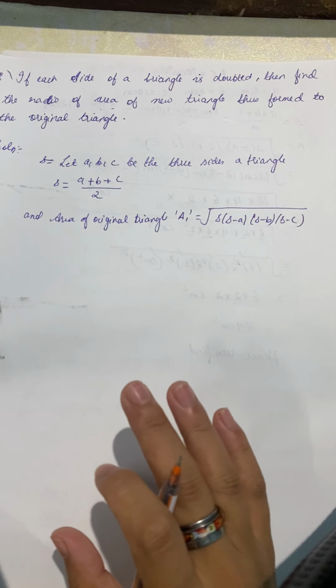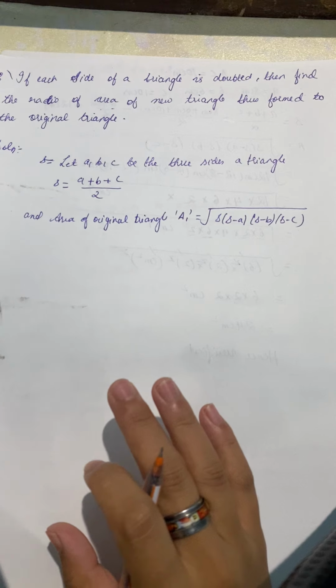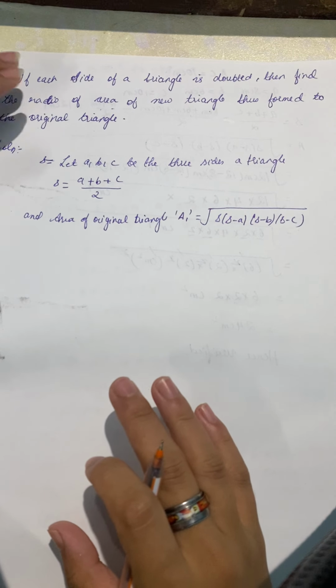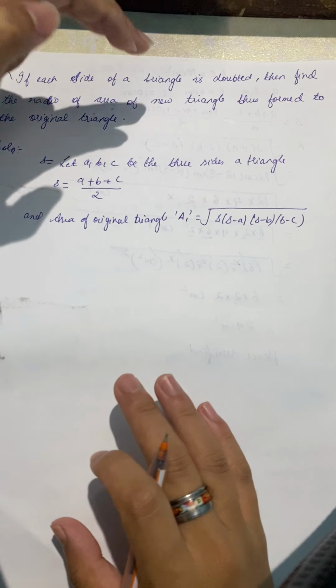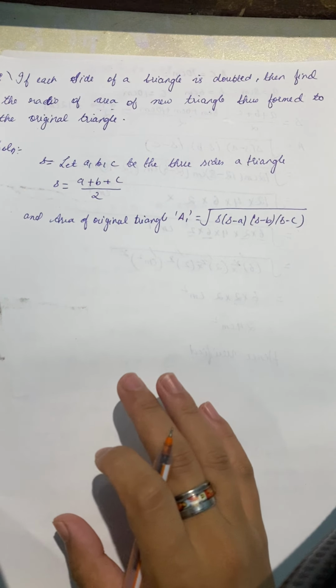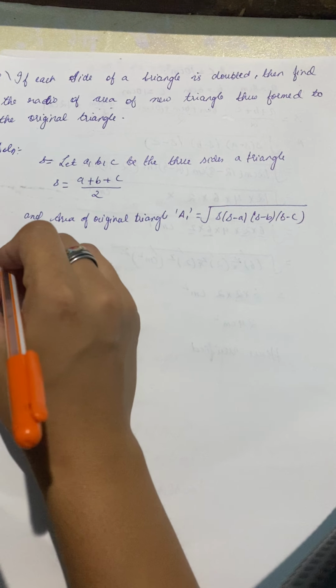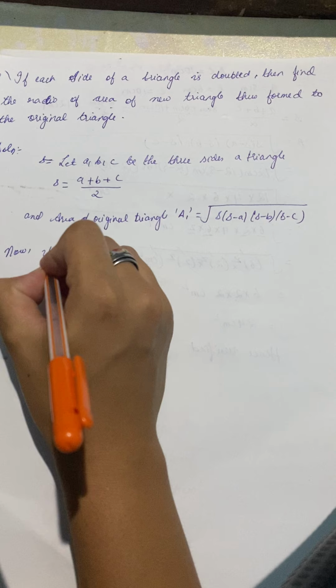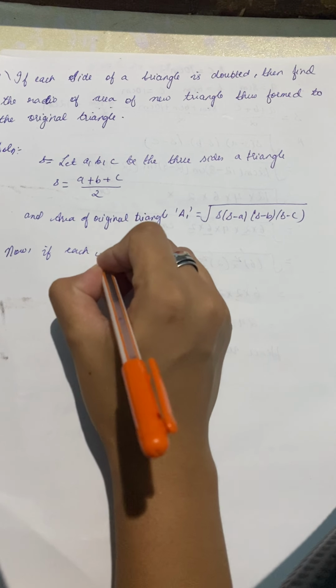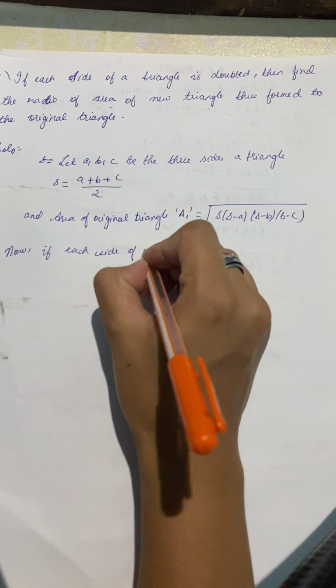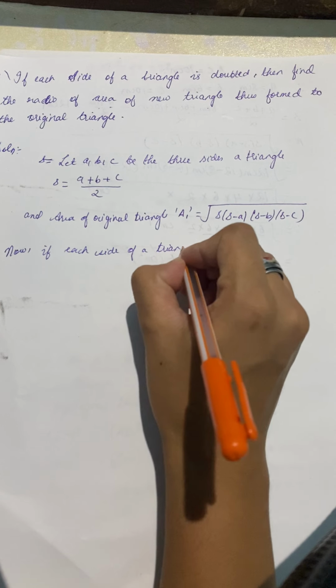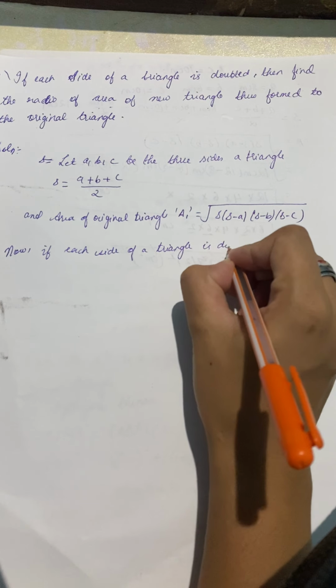Now what happens in the second part? If each side of a triangle is doubled. Clear?